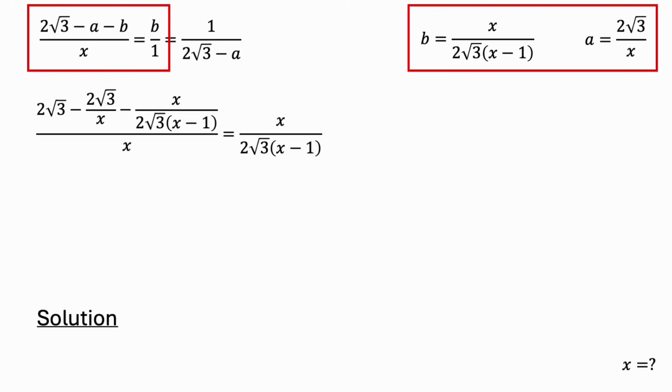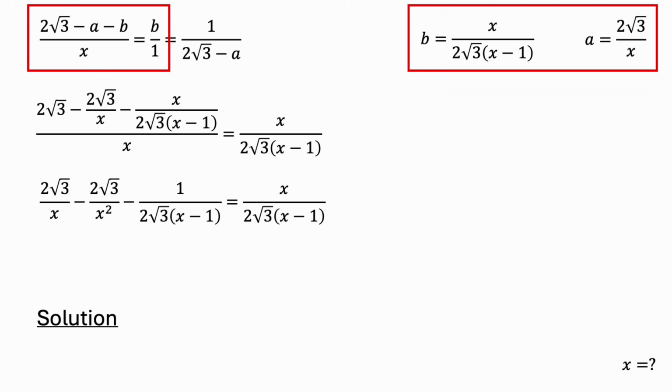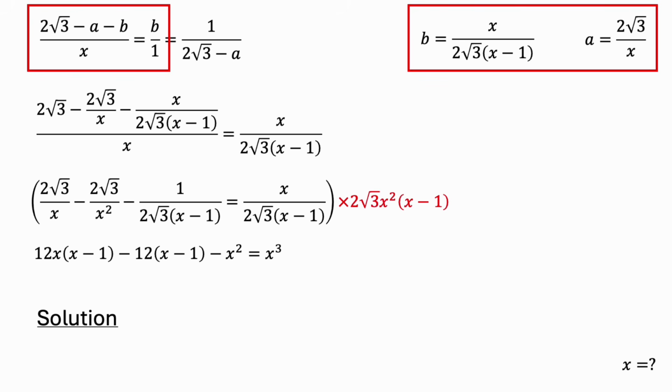Simplifying the left hand side to 2 square root 3 over x minus 2 square root 3 over x squared minus 1 over 2 square root 3 times x minus 1, and multiplying both sides by 2 square root 3 x squared times x minus 1 yields 12x times x minus 1 minus 12 times x minus 1 minus x squared equals x cubed. Expanding and rearranging gives the cubic equation x cubed minus 11x squared plus 24x minus 12 equals 0.